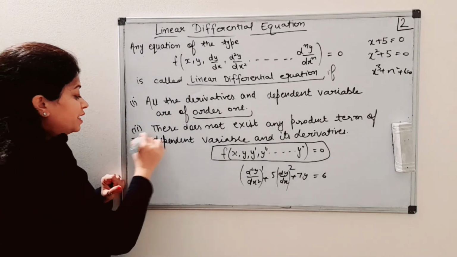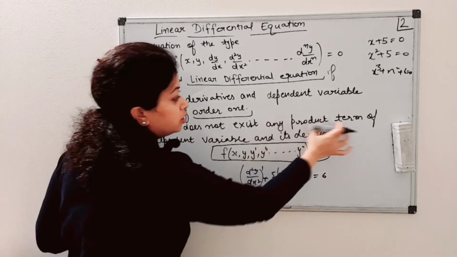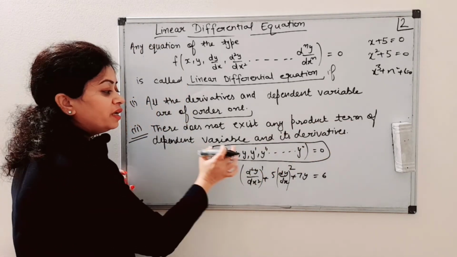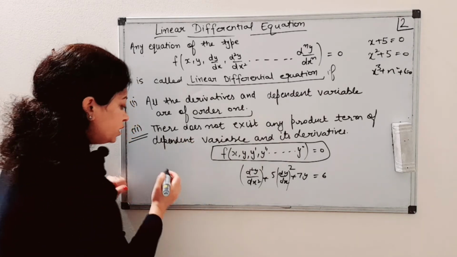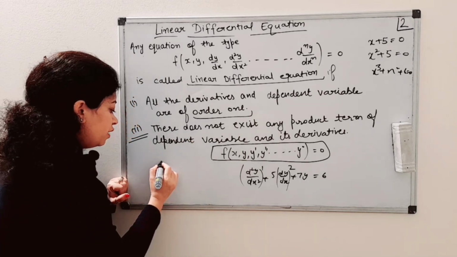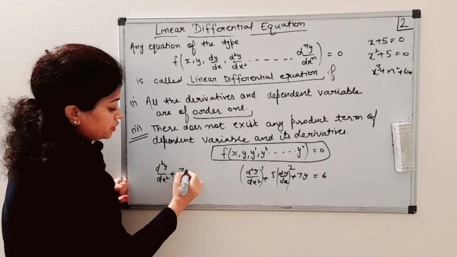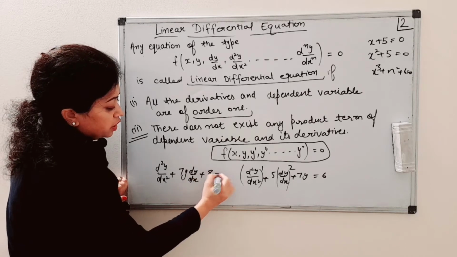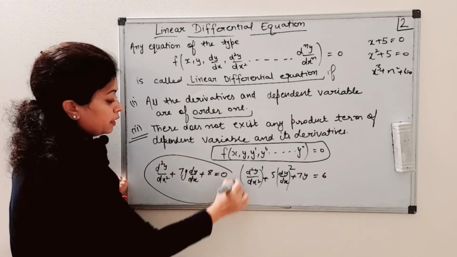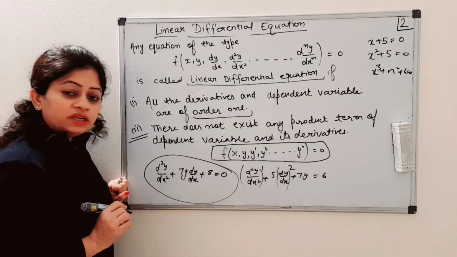And second condition is there does not exist any product term of dependent variable and its derivative. What does he want to say? Like this, suppose we have d2y by dx2 plus 7y dy by dx plus 8 equal to 0. Now we will check.